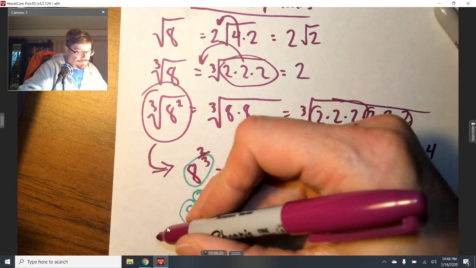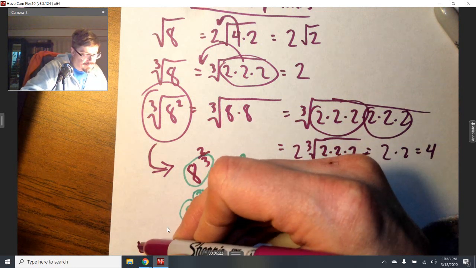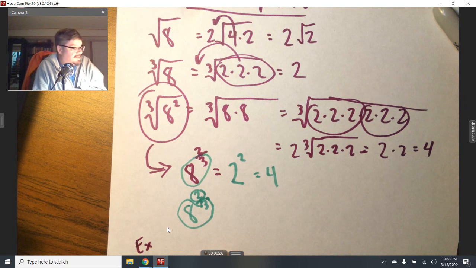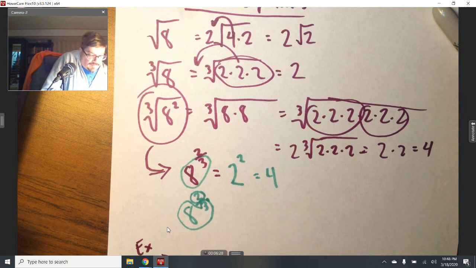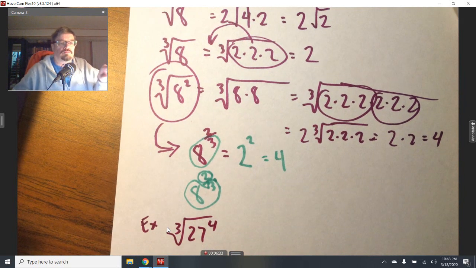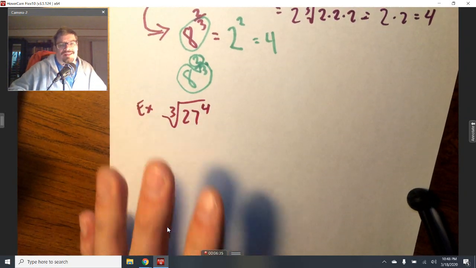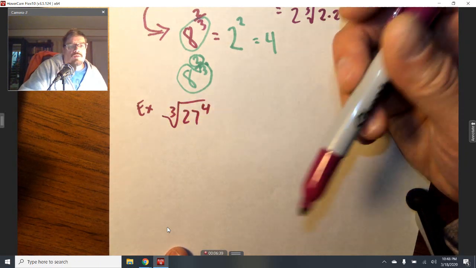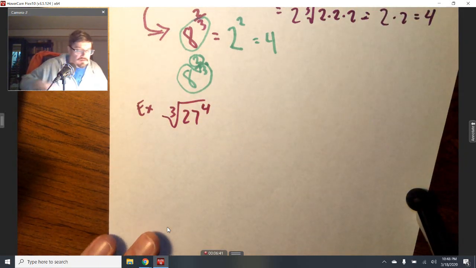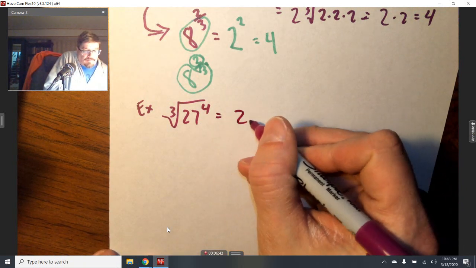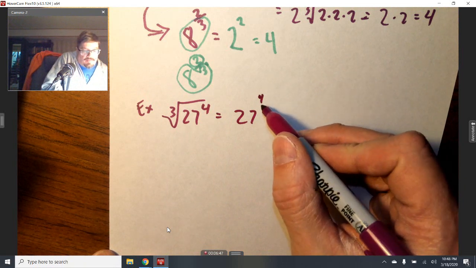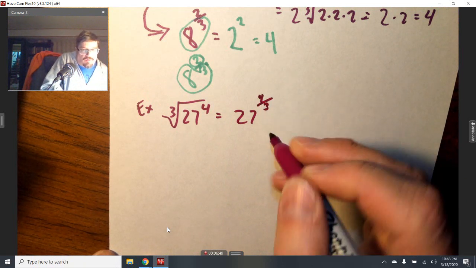Let's try that again. Let's say that I have 27 to the 4th power, taking the cube root. Let's stand back for a second. I'm raising it to the 4th power, but I am taking the third root.